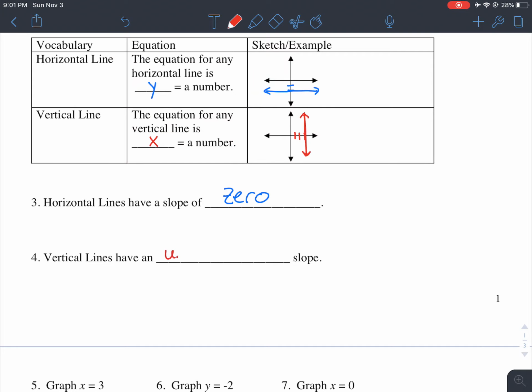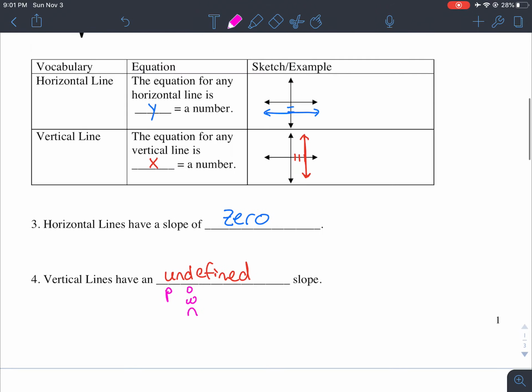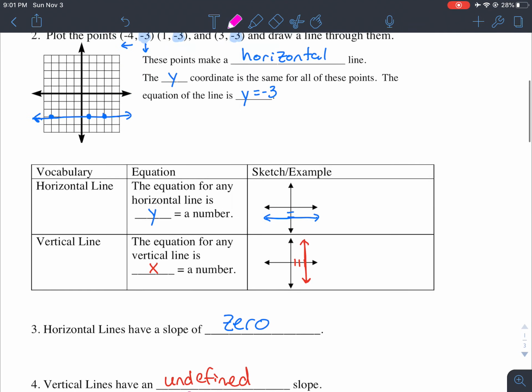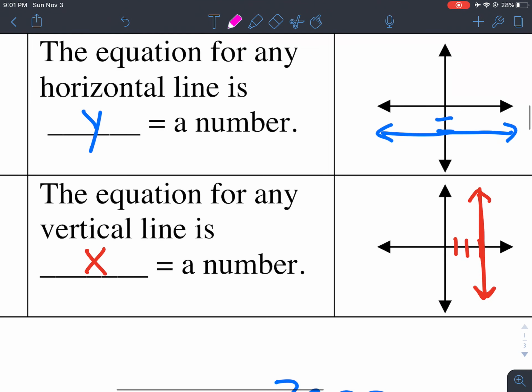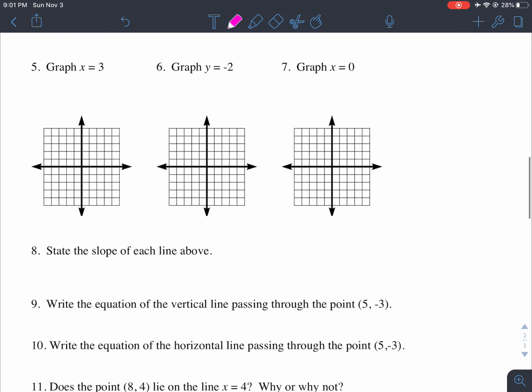Whereas those vertical lines have an undefined slope, and we talked about that mnemonic device of up and down in order to help us remember that. So vertical lines, undefined slope; horizontal lines, 0 slope. So that is how we write the equation of these lines: y = a number for horizontal, x = a number for vertical.